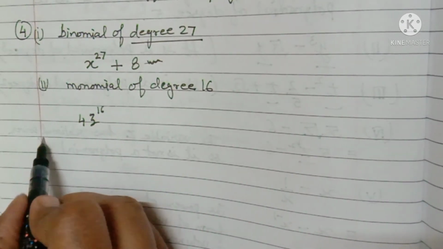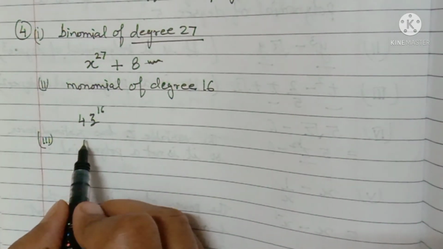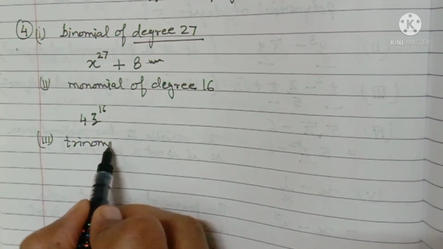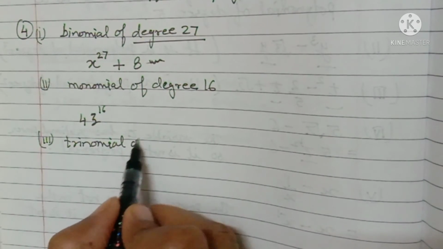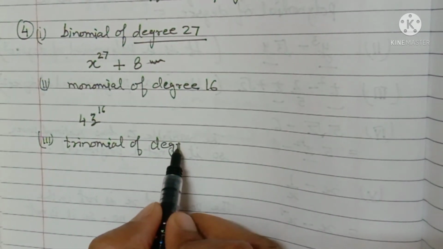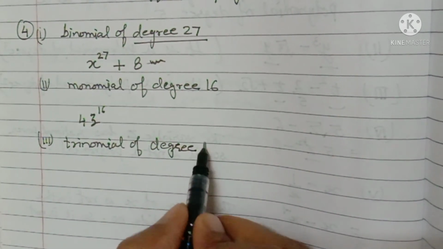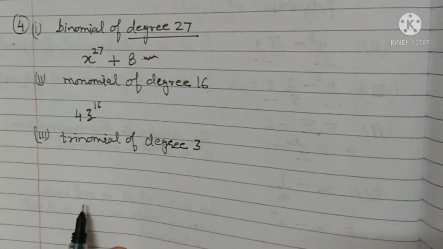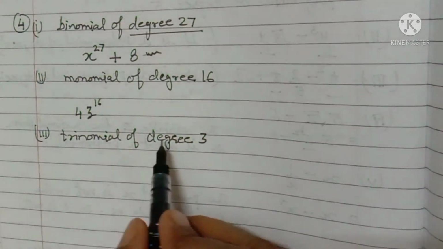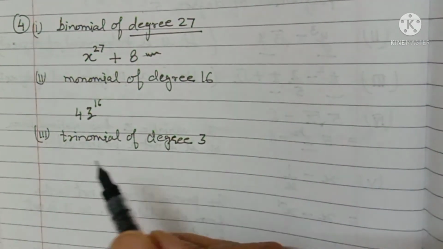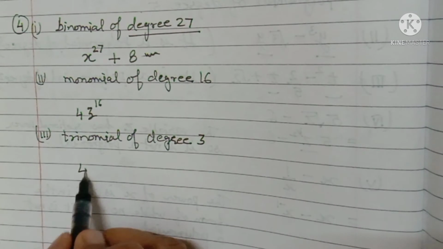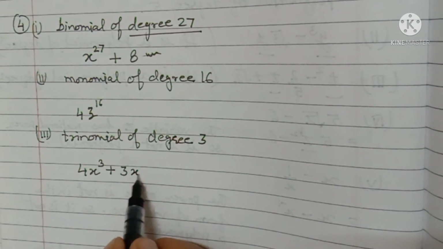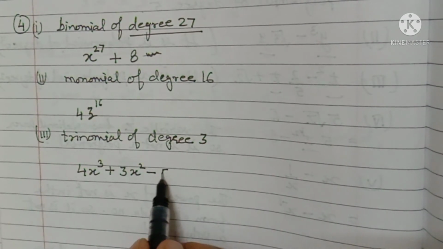Now the third part, a trinomial of degree 3. Trinomial means three terms, and the highest power of the variable will be 3. So we can make 4x cube plus 3x square minus 5.